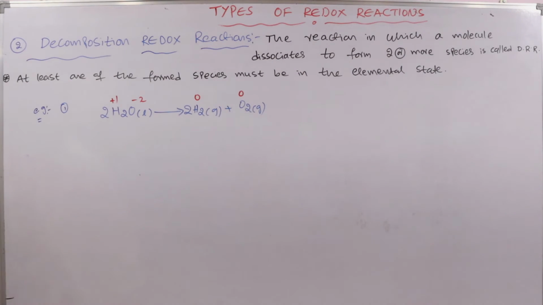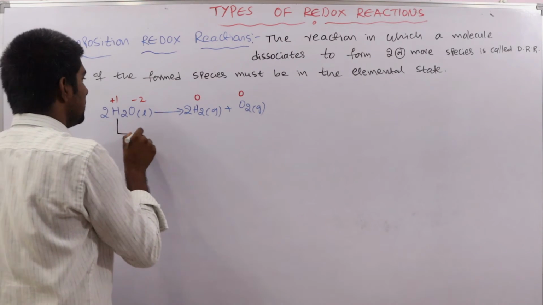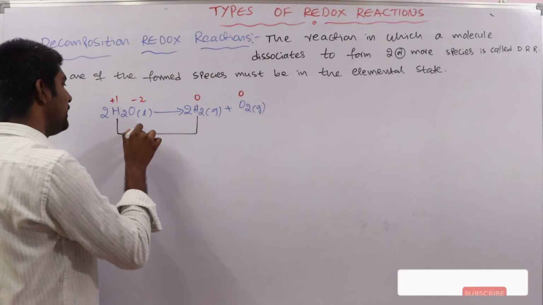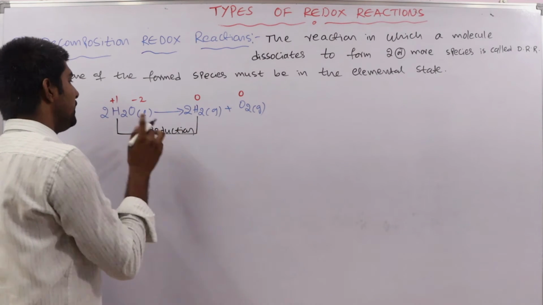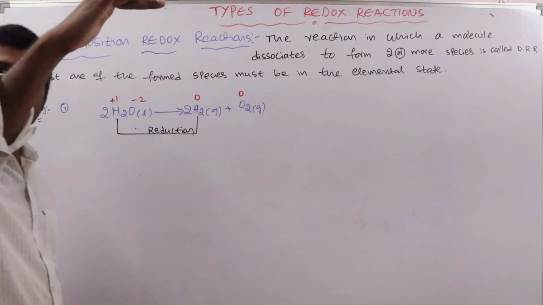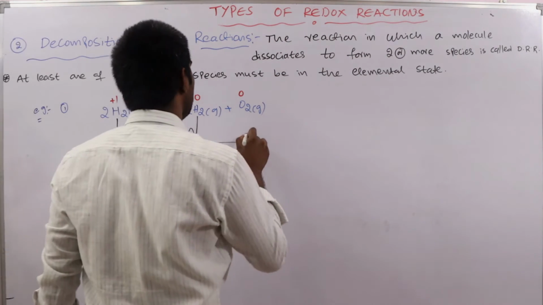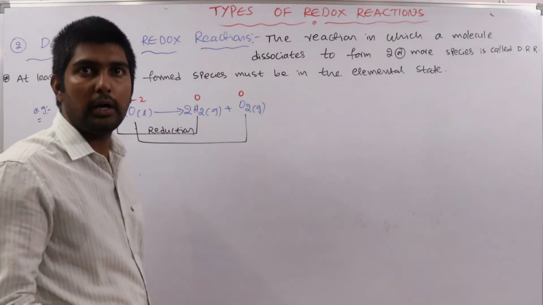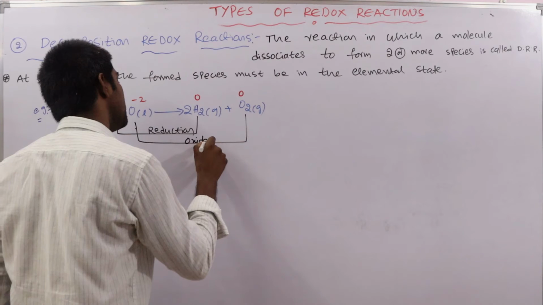See here in this reaction, hydrogen +1 to 0, the oxidation state is reduced, so that's why it is undergoing reduction. And oxygen -2 to 0, the oxidation state of oxygen is increasing, so that is undergoing oxidation.